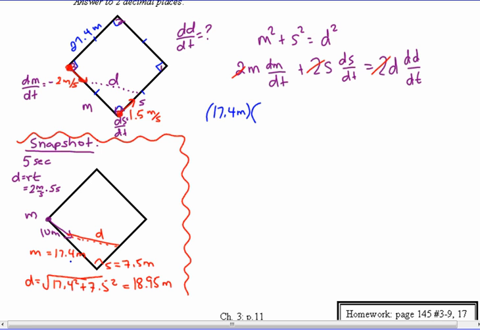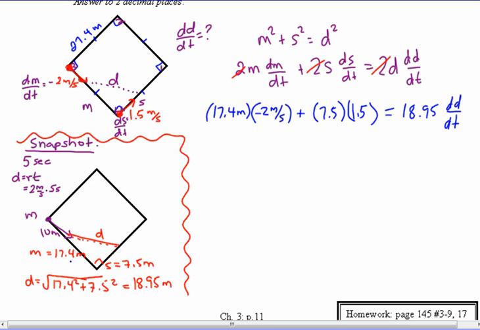Okay, her rate of change is negative 2, plus 7.5 is S. His rate of change, 1.5. It was in the question. Equals, D is 18.95 times dD/dt.